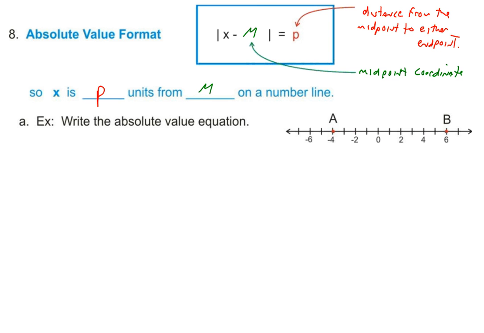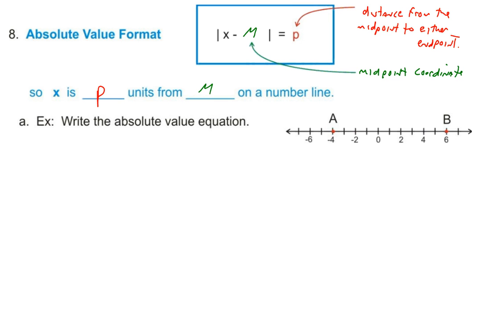All right. So A says, write the absolute value equation when the solutions are -4 and 6. You're like, how in the world am I going to do that? Because this is a pattern. All right, so watch.